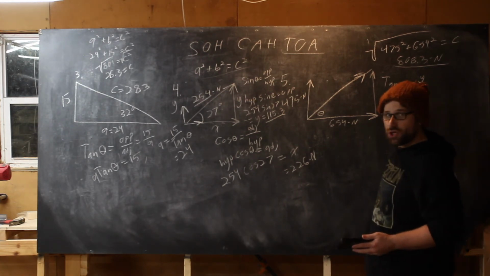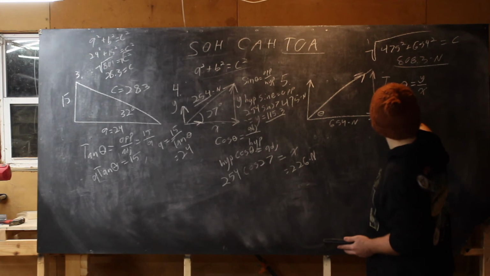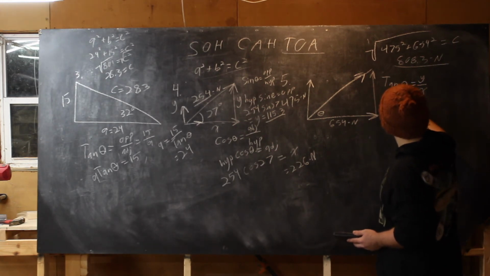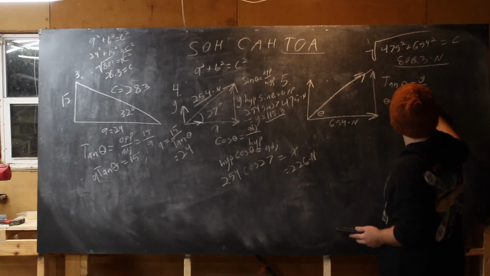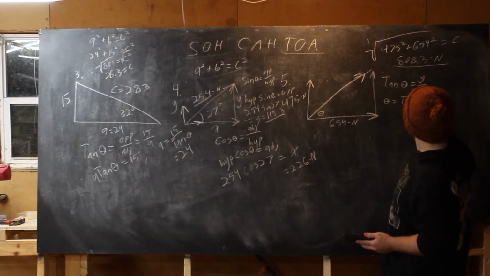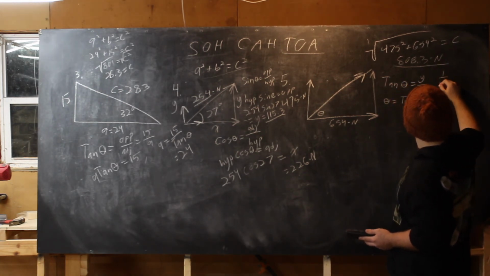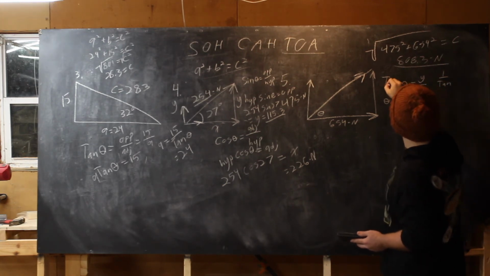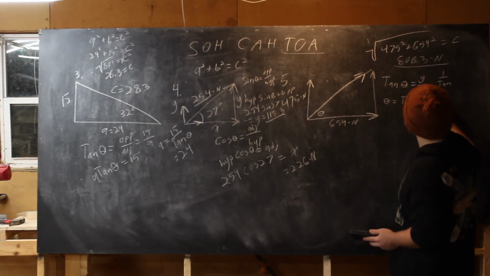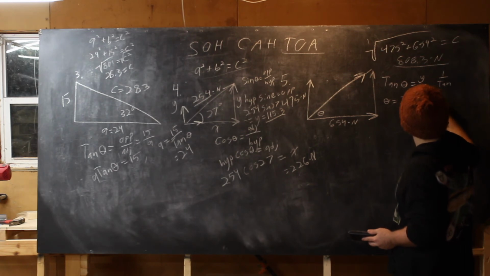Okay, it's that same ratio. Again, same thing. So the way we find this is we say theta equals tangent to the negative 1. Remember, tangent negative 1 is just 1 over tan, which will cancel this out and allow me to find the theta. So it's that times y over x.